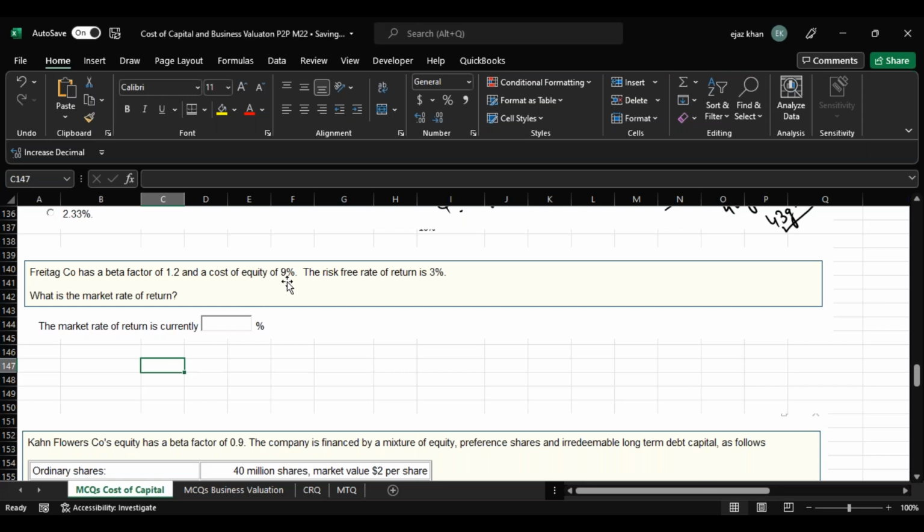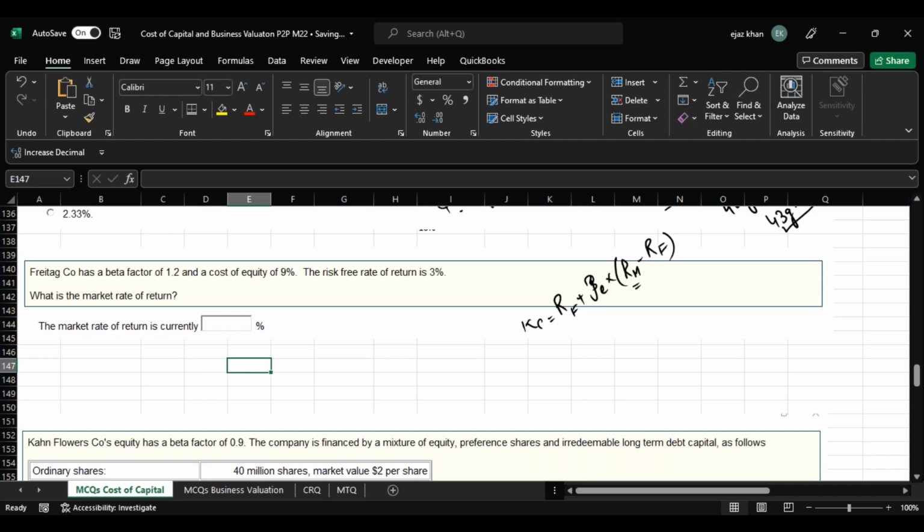So the formula of cost of equity would be cost of equity is equal to risk-free return plus equity beta into market return, which is required, minus risk-free return, which is given. So this is what we need to find out.